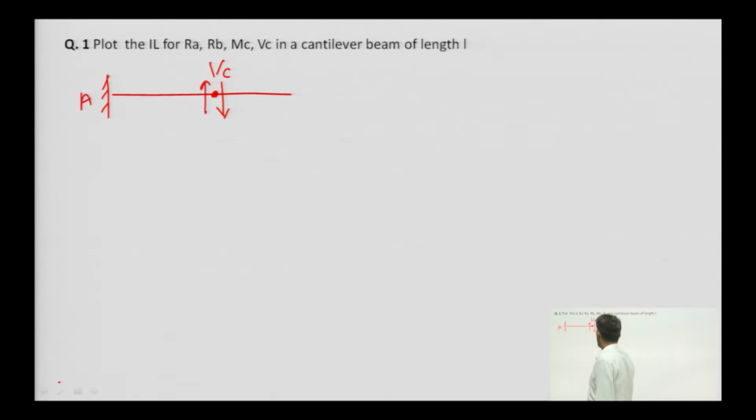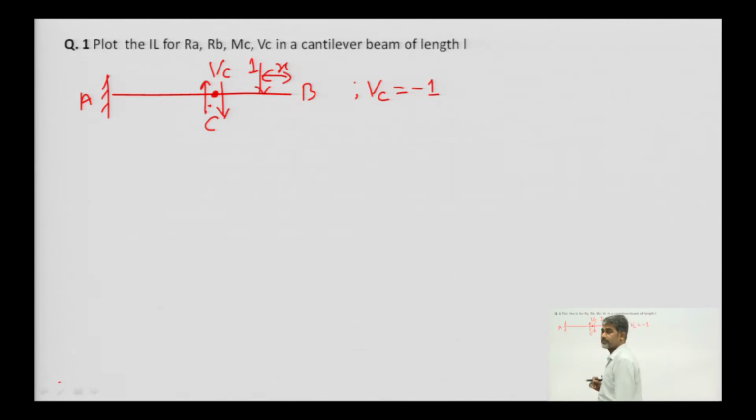This point is A, this point is B, this point is of course C. Considering unit load at x distance from A, we will get the value of Vc as minus 1, if we take FBD of this one part.